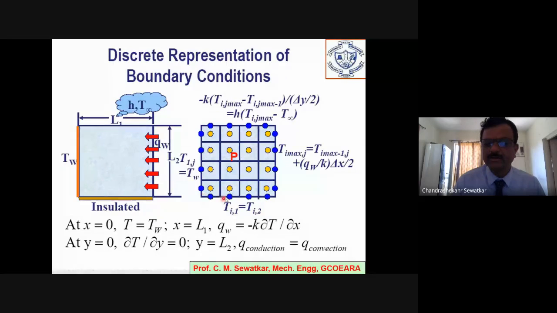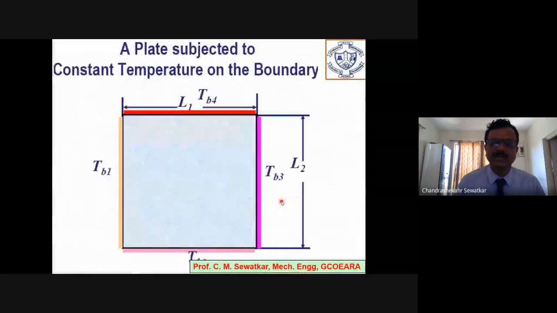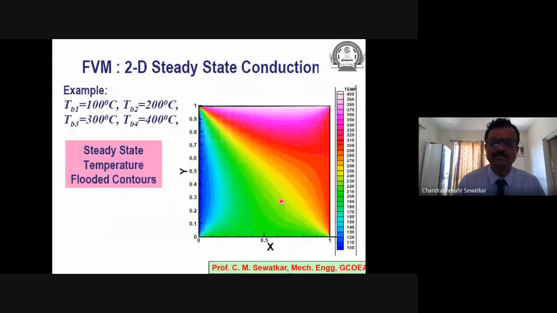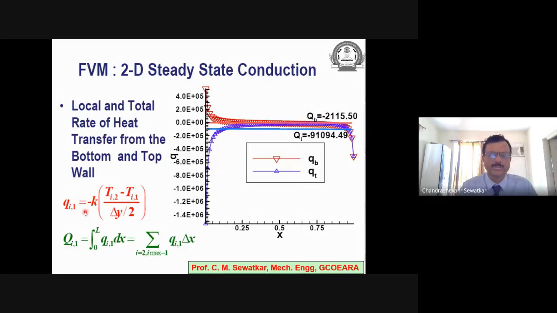If I add all those heat transfers, I obtain the total heat transfer across the bottom face. This is the engineering analysis we can do. We can calculate the local heat flux, and also the total rate of heat transfer from the bottom, and maybe for the top also, for every side.